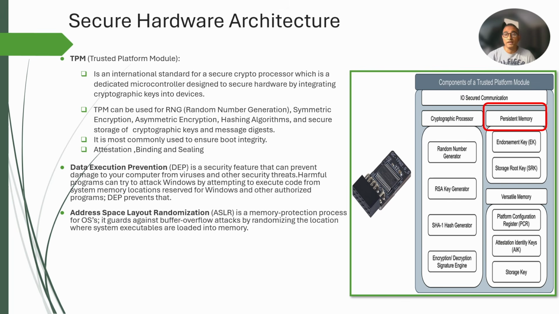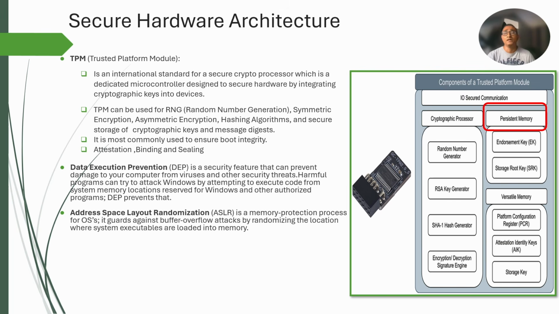So you have the cryptographic processor, you have your random number generator for your cryptographic implementation, you also have your RSA key generator, you also have your key encrypting key processors, which help to encrypt your private keys should you want to send them over a public channel and stuff like that.